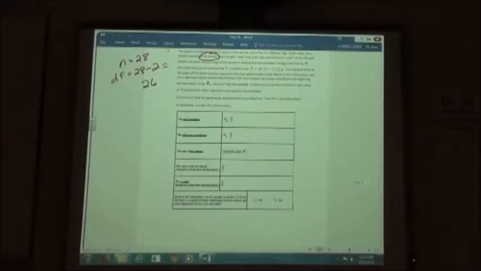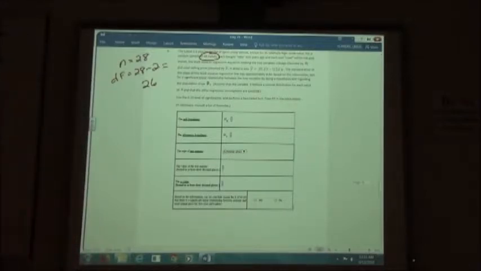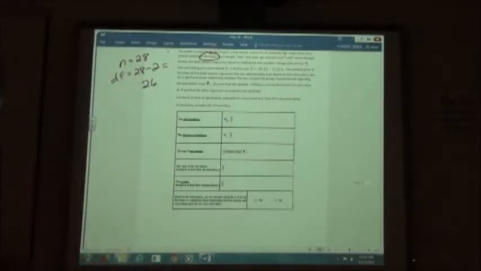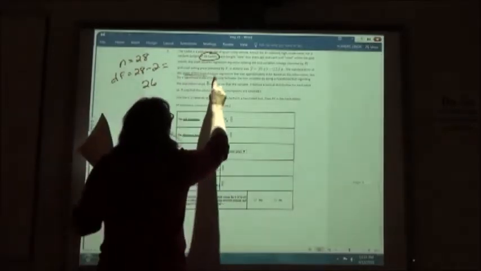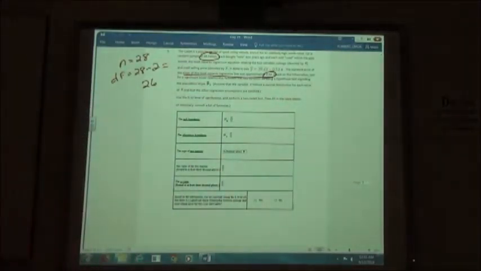The least squares regression equation relating the two variables, mileage denoted by X and used selling price denoted by Y in dollars, was Y hat equals 38.23 minus 0.53X. The standard error of slope of this regression equation was approximately 0.42.